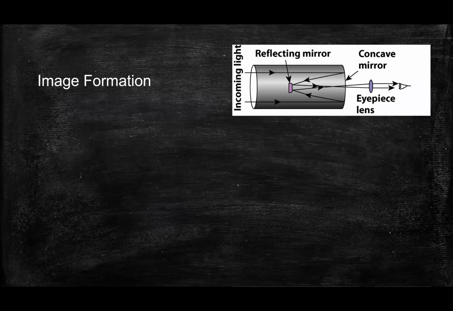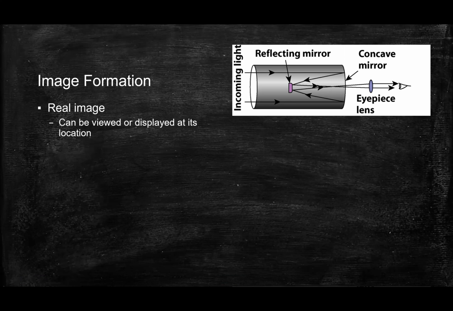So let's talk a little bit now about how we can get images being formed. We have cases where we can have the incoming light be reflected from mirrors to change direction, for example, into the eyepiece. And in certain cases, when we don't have the reflection occurring from a material, we can have different types of images.